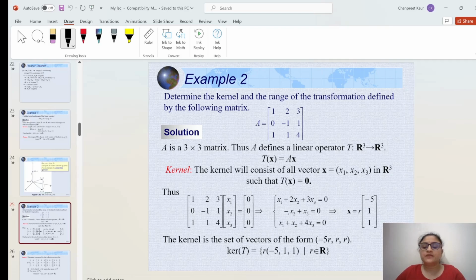Just the way you solve a system of homogeneous equations, you will find that the system has infinitely many solutions, and it turns out to be a scalar times (-5, 1, 1). So the kernel of T is generated by the vector (-5, 1, 1).